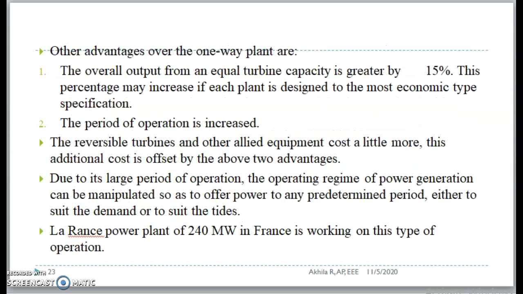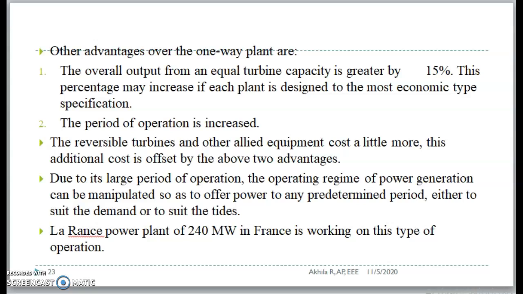The other advantages when you compare it with the single basin single effect plant are that the overall turbine capacity is greater by 15%, and this can increase if each plant is designed to the most economic type. And the period of operation is increased. The reversible turbines are going to cost a little more, and this additional cost is offset by the above two advantages.